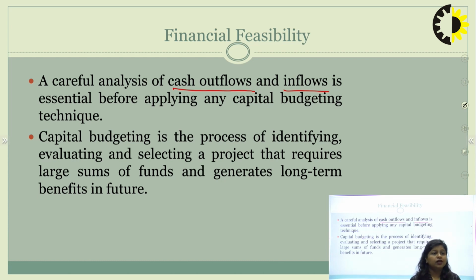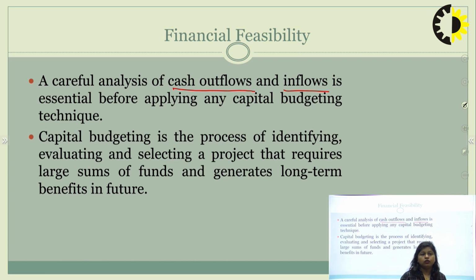So we need to do a careful analysis of the cash outflow and inflow, means how much money is going and how much money is coming. For example, if the cash outflow for my company is 5 CR in a year and the cash inflow is 4 CR, then we are in the negative because we are paying more and gaining less, so it ultimately leads to a loss. The other way, if the cash outflow is 4 CR and the cash inflow is 5 CR, it means we are in the positive state and we go for that project.